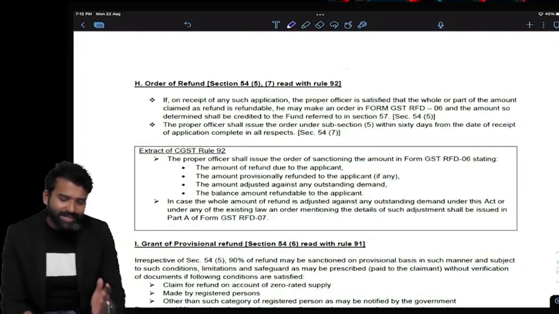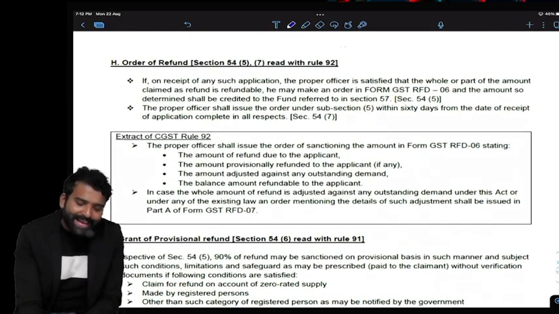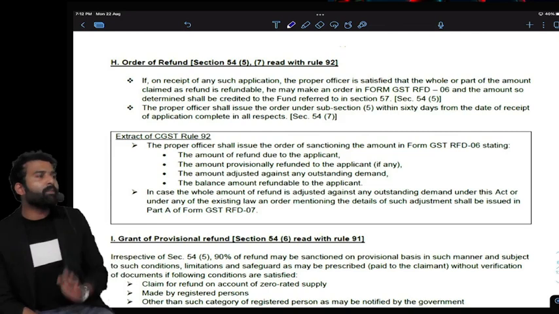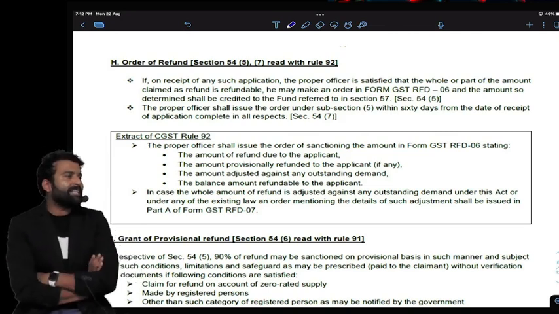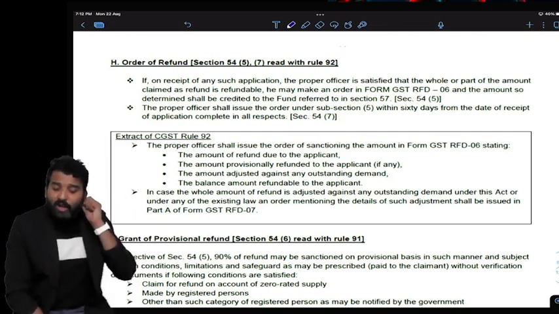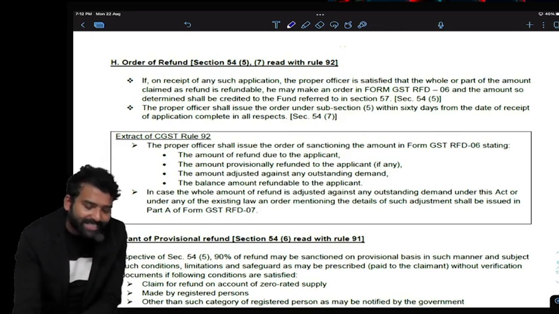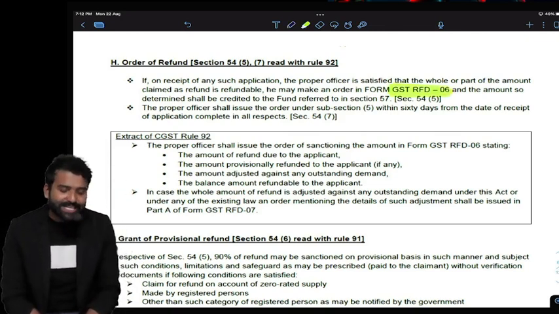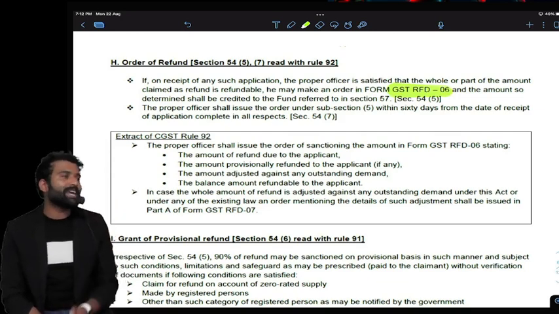Now, one more interesting thing. When I am claiming the refund, of course, I will be attaching an application in a form. Tell me, what is the form number for claiming the refund? RFD 01. That is for the application. Now the department will order me in RFD 06. So the form number for the refund order is RFD 06, and in how much time do they have to refund?